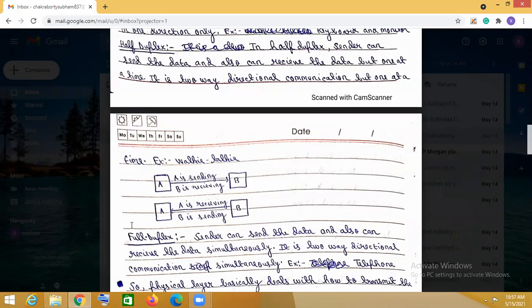It focuses on the transmission of data. First, it defines the transmission media. So basically it deals with how to transmit.